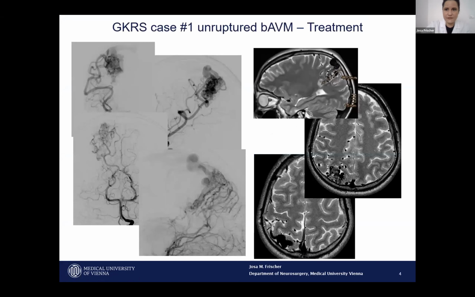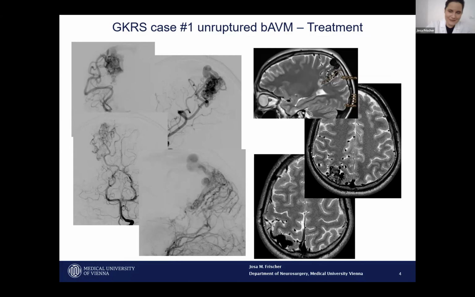So let me start with a case that I did, I think, 5 years ago. That's the typical case of an unruptured brain AVM. The young patient, in his early 20s, presented with a seizure. Then the workup showed this AVM, as you can see here on the angiography and on the brain MRI. Due to patient wish, this was treated.